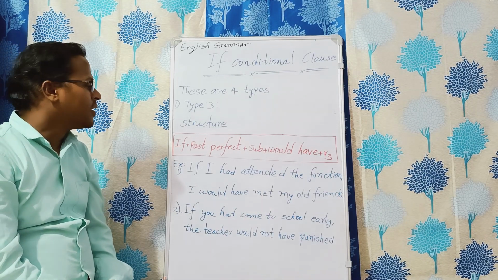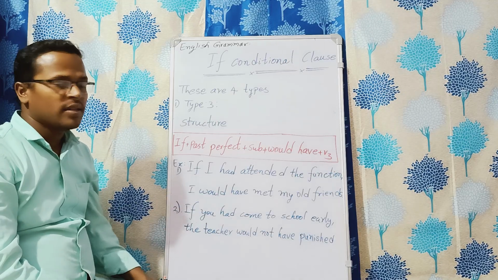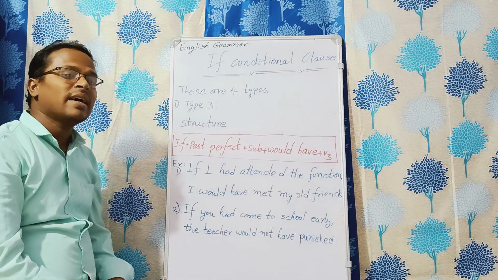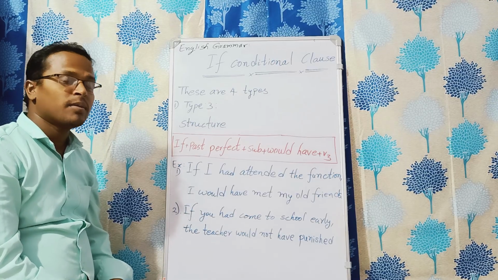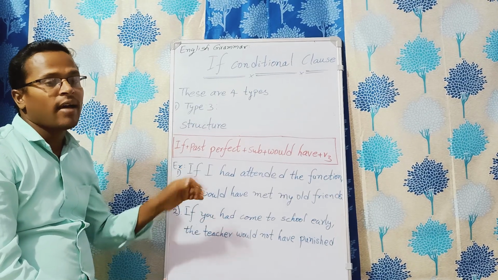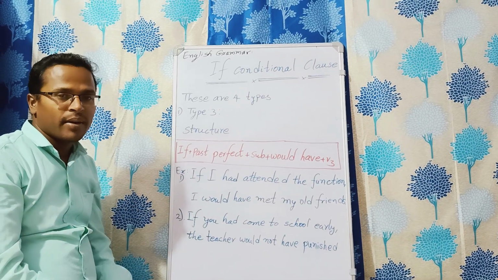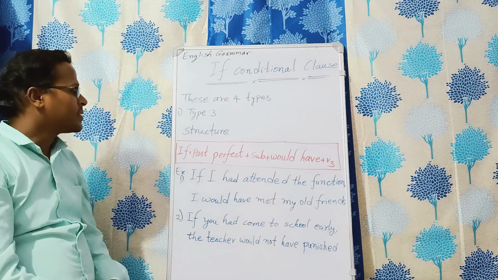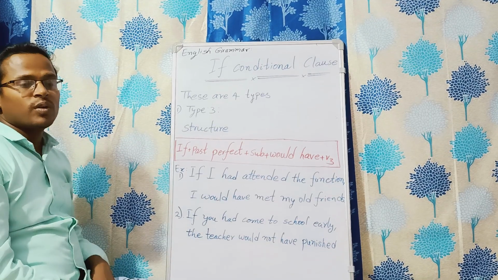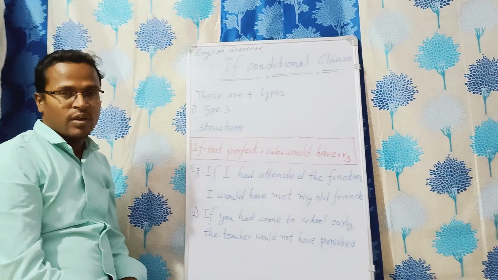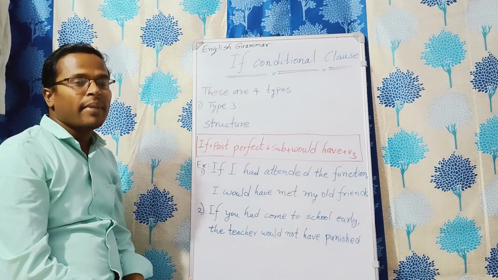Okay? It is the past happening. In type 3 we discuss the past happening. It might have happened in the past, but not happened. Okay, got it? The speaker is talking about the situation that the past happening, but it didn't happen.